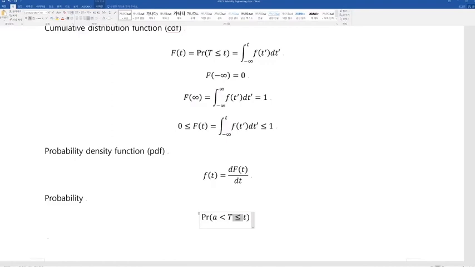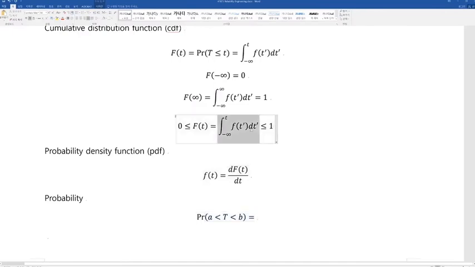The sign of less than or equal to will not be significantly different from just less than, because the probability of exactly time b will be 0 in case of continuous random variables. So probabilities can be defined in this way.